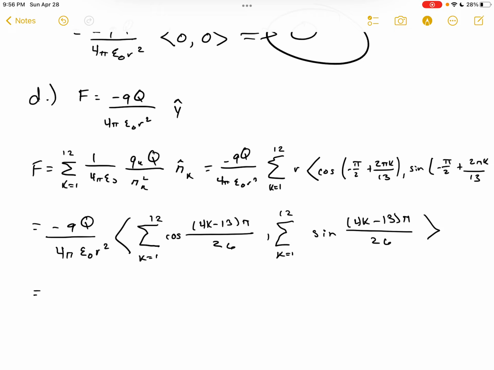So that gives us negative q big Q over 4 pi epsilon naught r squared times our 0, 1 vector. Ultimately, since the other part goes to 0, we just have something in the y hat: negative q big Q over 4 pi epsilon naught r squared y hat.